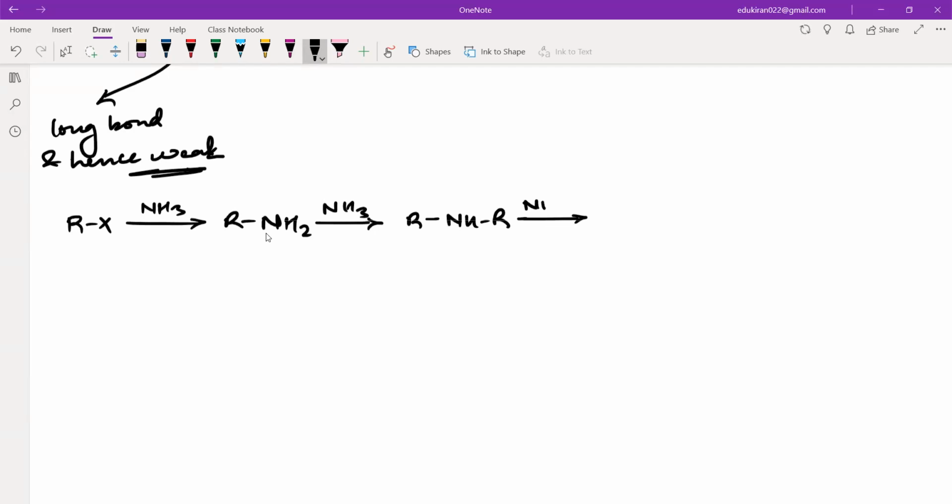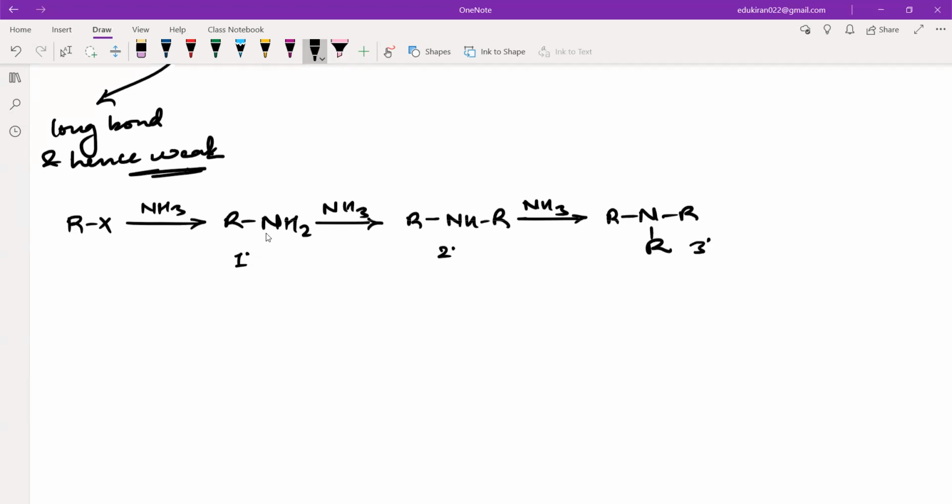With some more ammonia, it will react with this and prepare R3N. So this is 1-degree amine, 2-degree amine, and this is 3-degree amine. That is why you get a mixture of products when you do ammonolysis of alkyl halide.